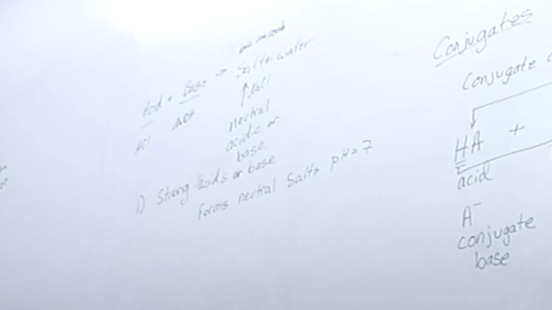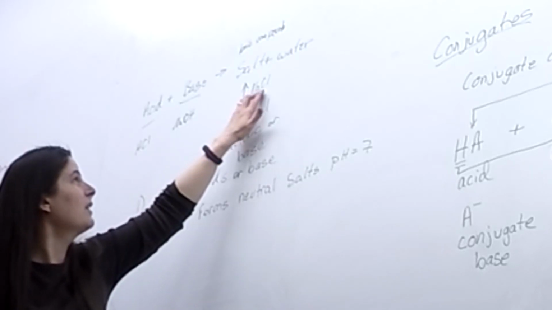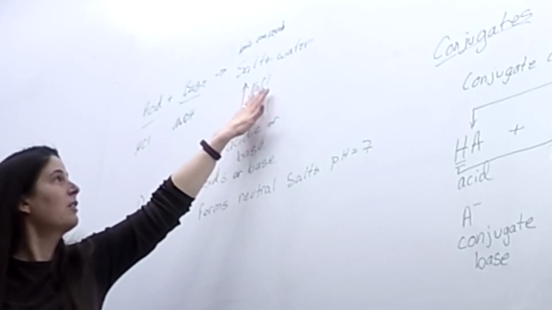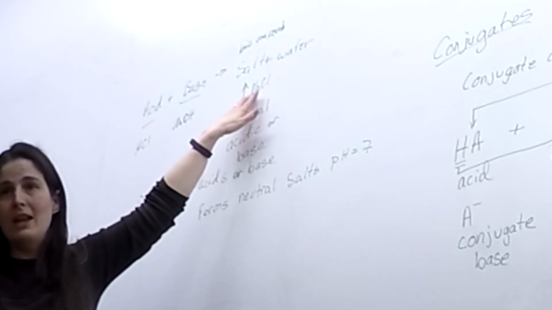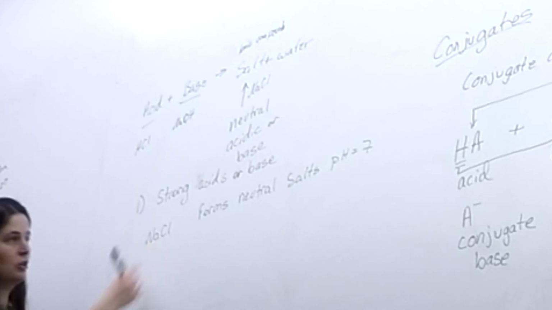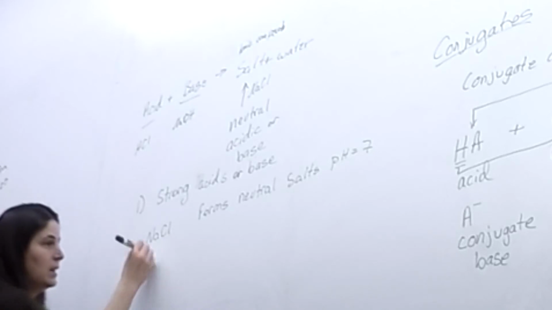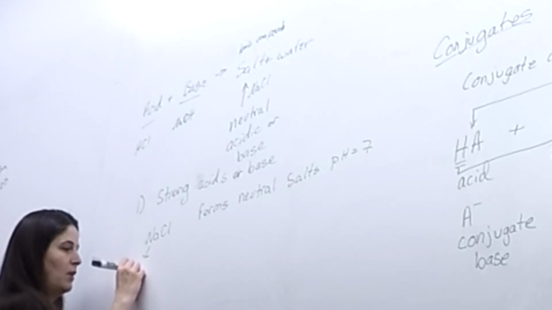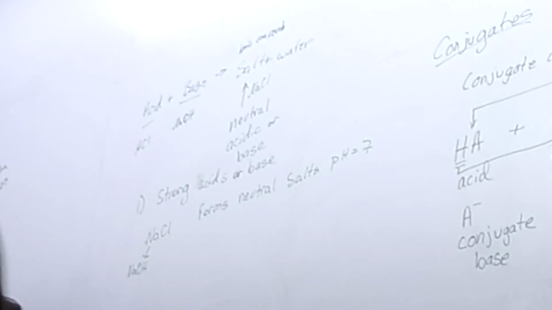So I have NaCl here, and when you look at it, you're going to have to figure out: is this neutral, acidic, or basic? The salt here comes from a base, which is NaOH.